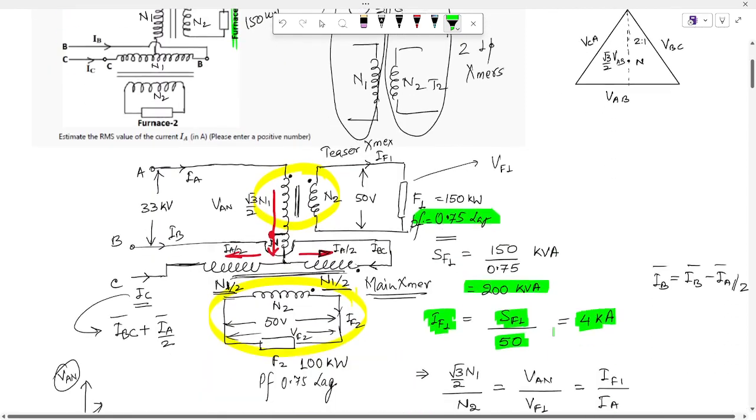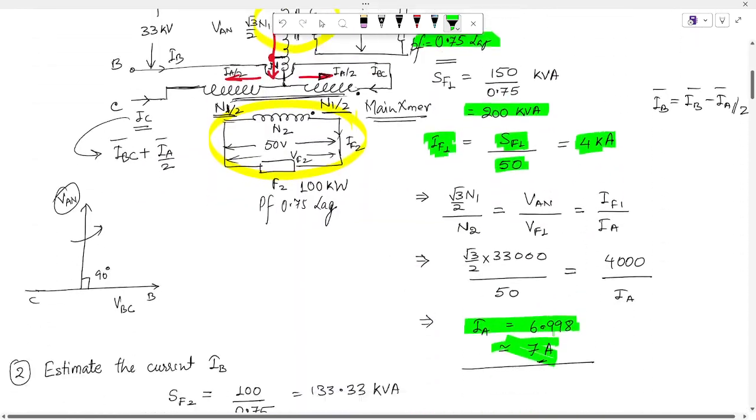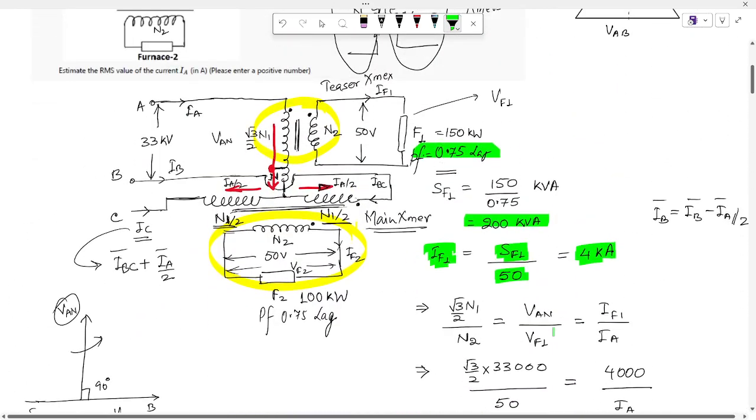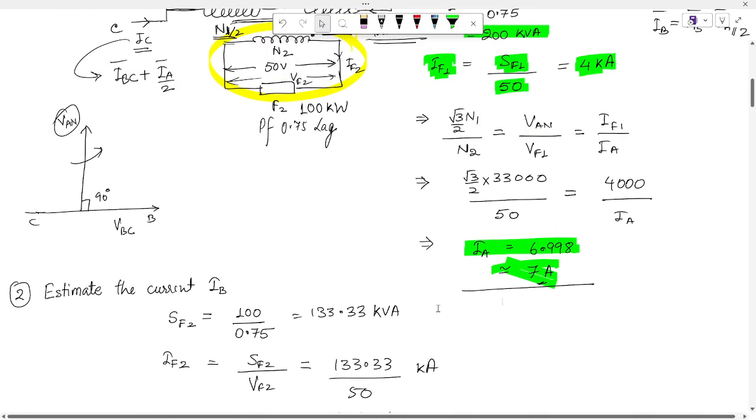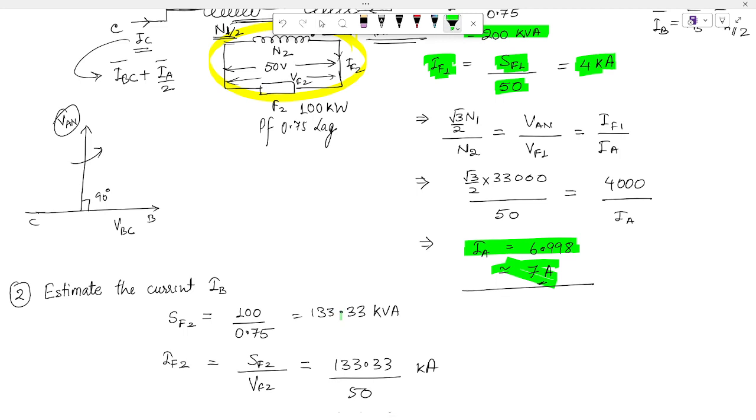Now they are asking to estimate the current IB, that means line current in phase B. First we need to find out the kVA of the second furnace, which can be obtained by dividing by the power factor.